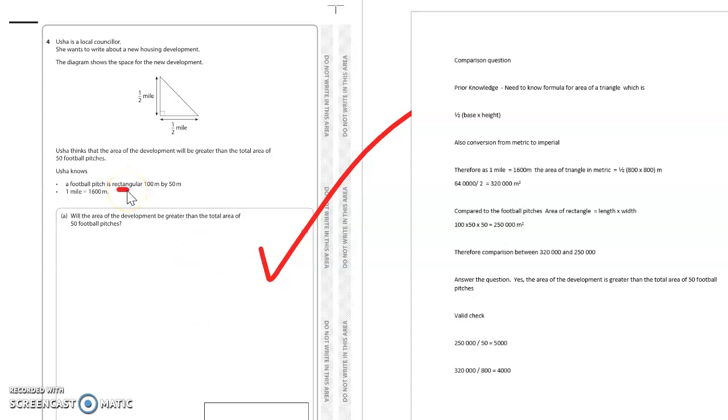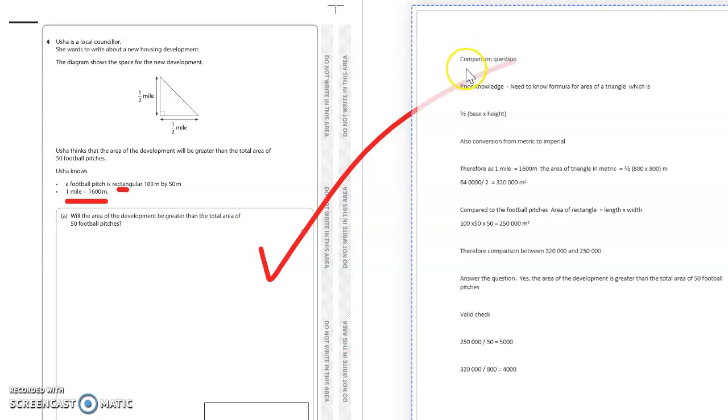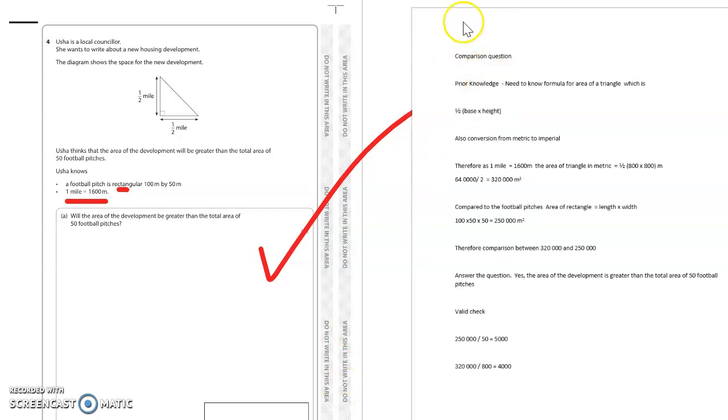100 metres by 50 metres. 1 mile equals 1,600 metres. So again, it's got a conversion factor there. Will the area of the development be greater than the total area of 50 football pitches? Reading through the question, it's always a good idea to read through more than once. I have done that, and obviously you will be doing that in the exam.